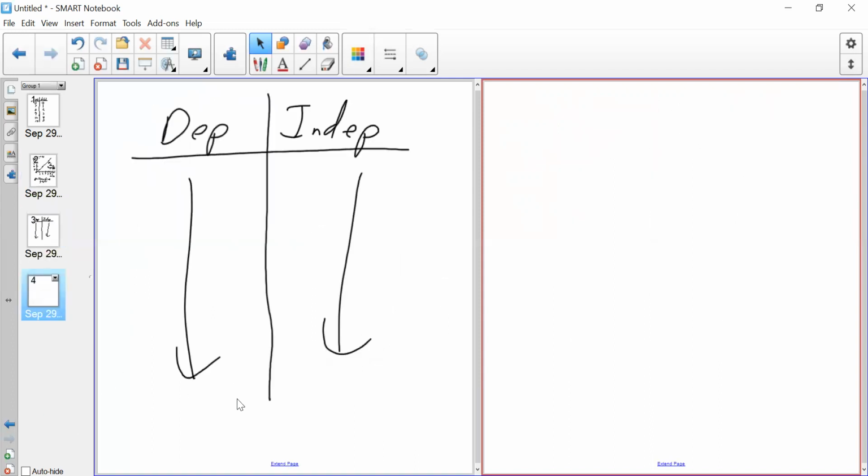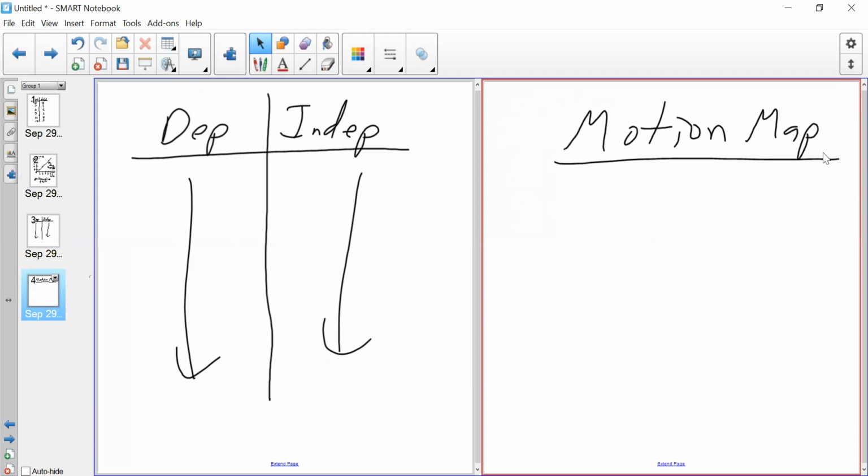Now, if we wanted to turn this graph into what we call a motion map, which is what we're going to see in the CVPM on page 4, the motion map can be represented in different ways, but the one on page 4 has this look and feel like this. So these markings here are all going to be positions.